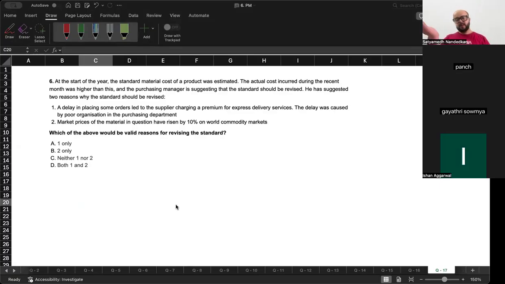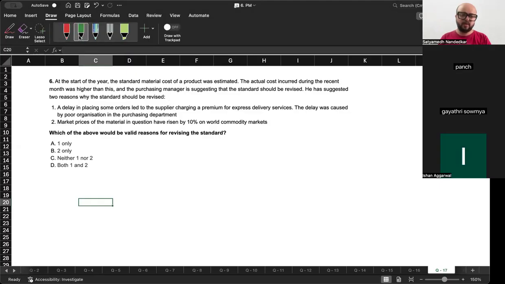Theek hai, market prices globally have grown by 10%, so aapko original standard ko revise karna padega. That means options which don't have statement 2 should be ruled out. This is ruled out. This is ruled out. Now check first one. A delay in placing some orders led to the supplier charging a premium for express delivery. The delay was caused by poor organization in the purchasing department.